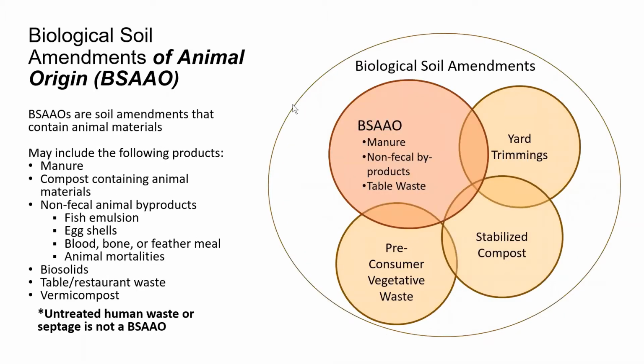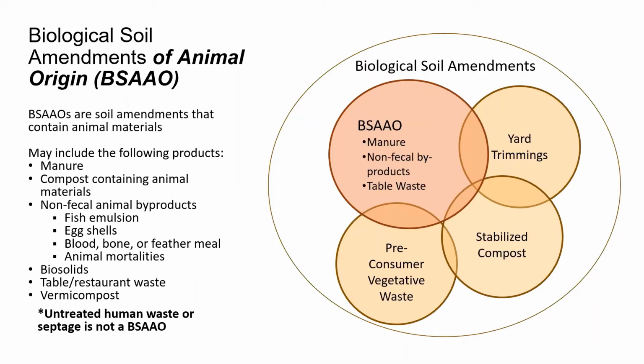And we can further classify these as biological soil amendments of animal origin, or BASALs, as is referenced in the Produce Safety Alliance trainings that many of you hopefully have participated in. These are of specific concern when they are manure, non-fecal byproducts, and table waste, sort of post-consumer components.